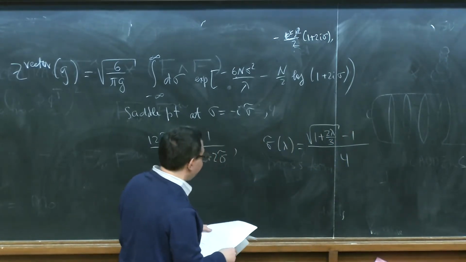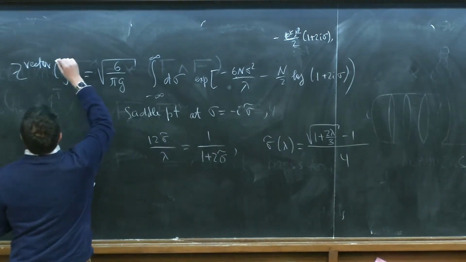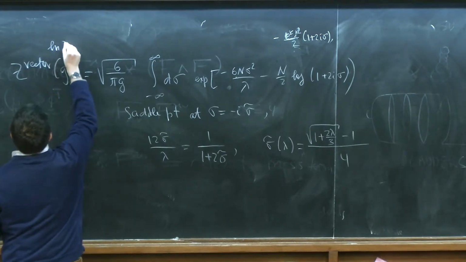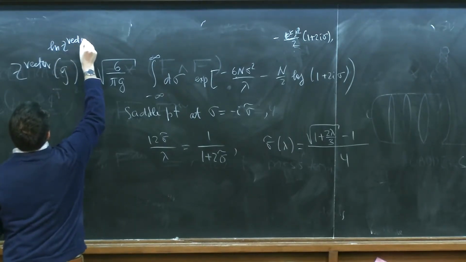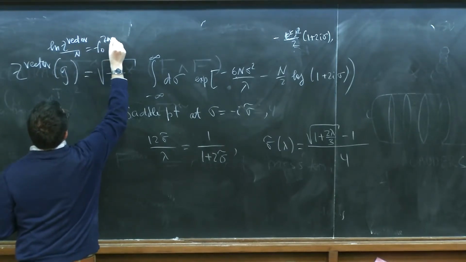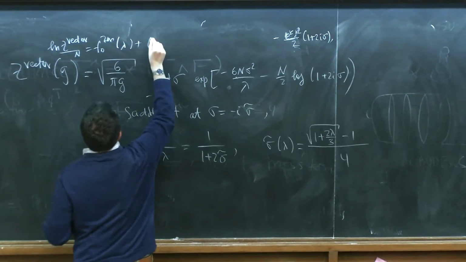Okay. And then the idea is to look at this. So then log Z vector divided by n is equal to f0 vector of lambda plus order 1 over n.